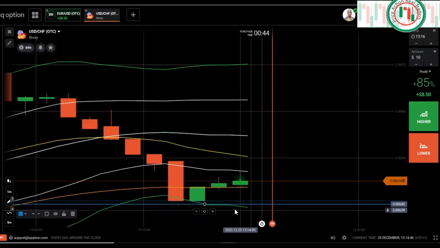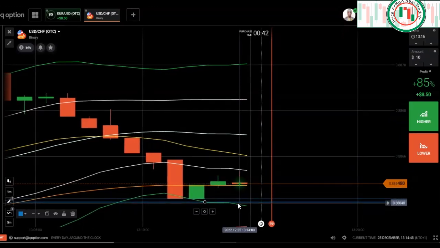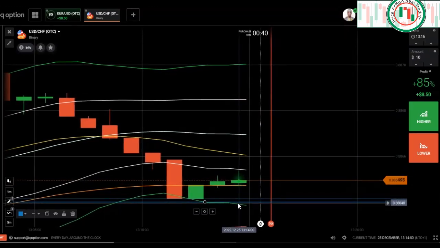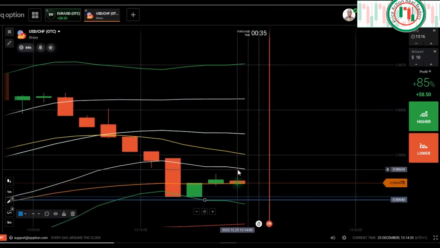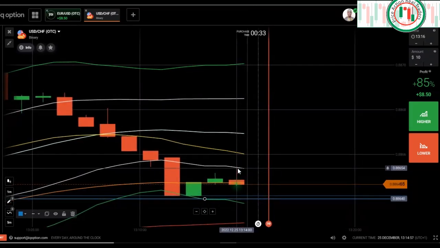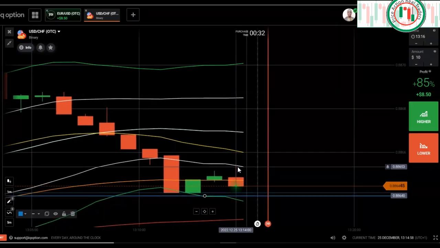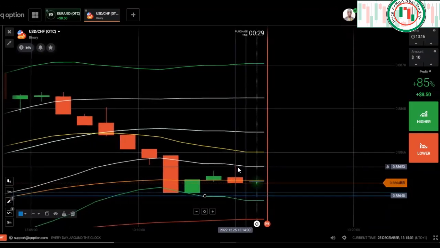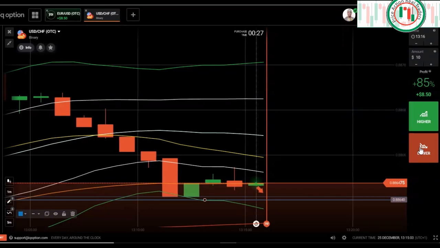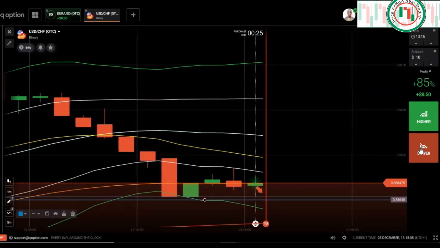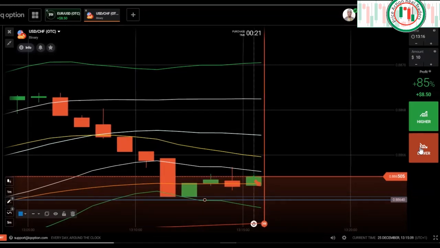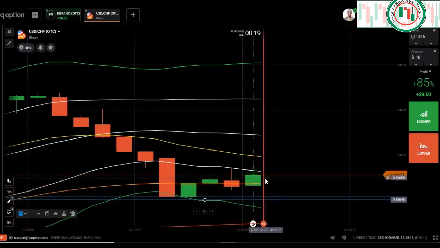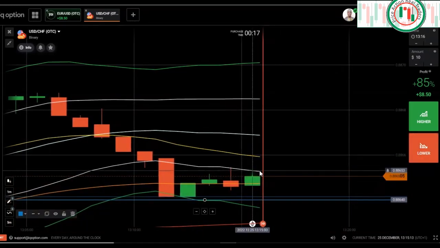But you see this Bollinger wants to break out, and this candle has rejected from 1 deviation lower. Yes, rejection. So no rejection.